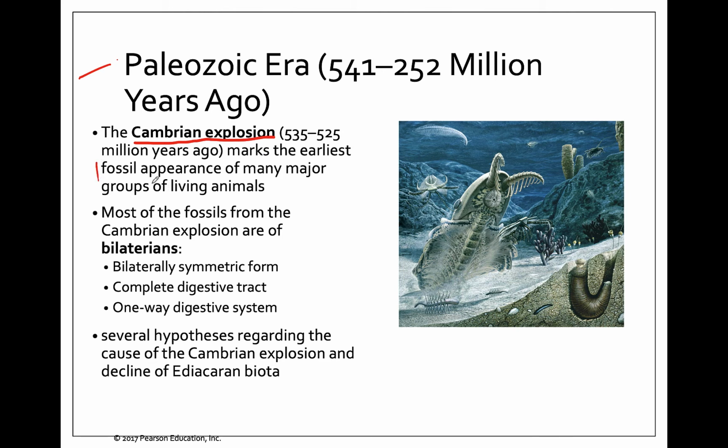Before the Cambrian explosion, we had very similar body shapes. Only a few different phyla had been observed. This explosion is an example of rapid diversification, and this happened in the oceans. And there are a lot of different hypotheses about what caused this explosion.